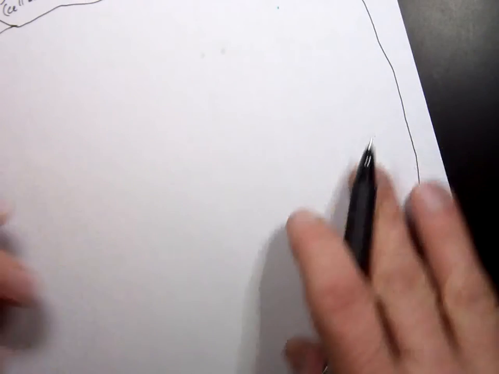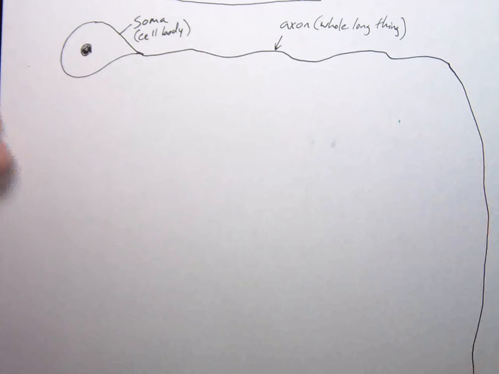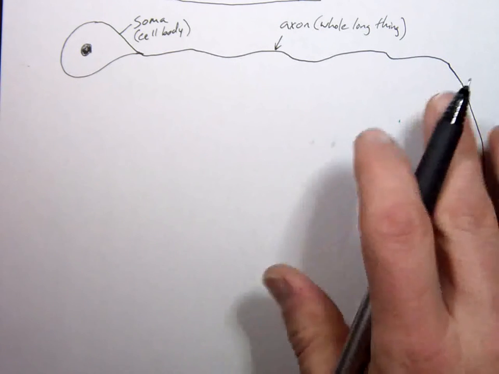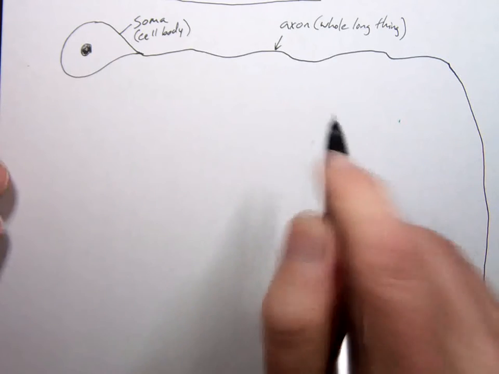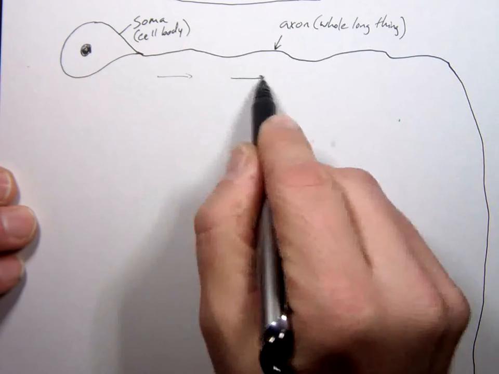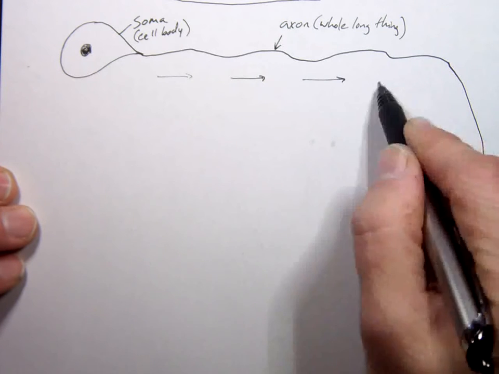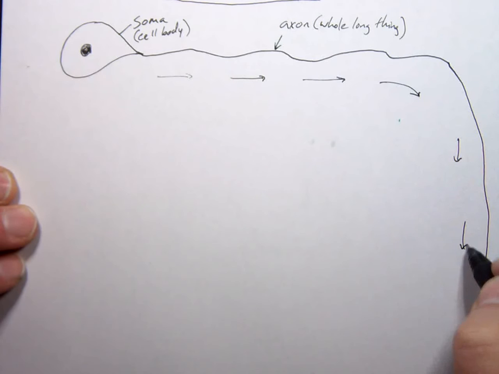So now we've got the main machinery of the cell. We've got the thing that it's sending stuff along. But we're missing a couple important details. Let me add some things here. I'm going to draw some arrows going this way, because that is the only direction that electrical impulses can travel, toward the axon terminal. They cannot go the other way. Now, a wire can send electricity any direction.